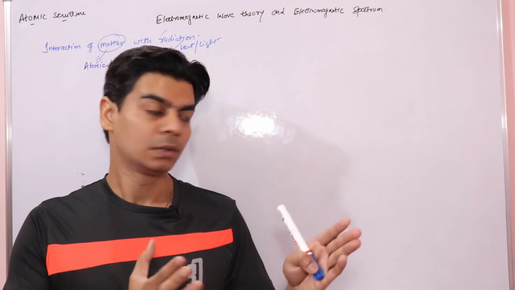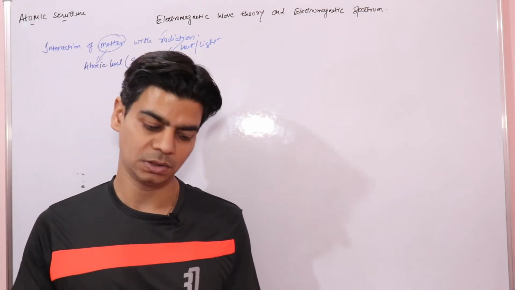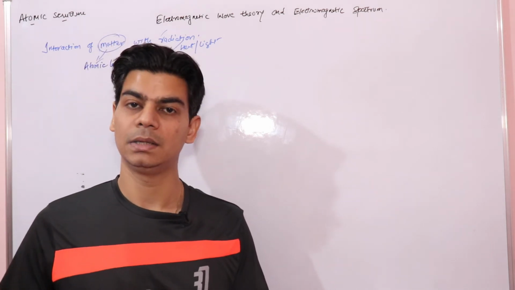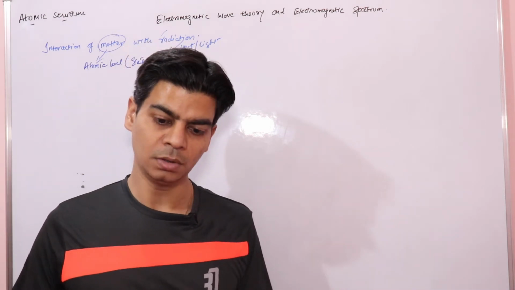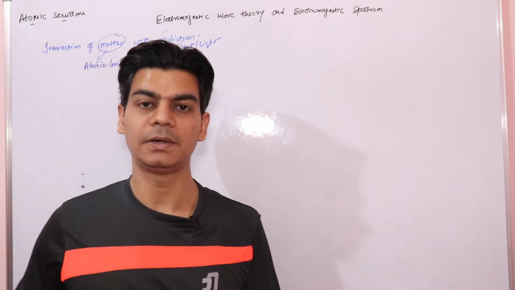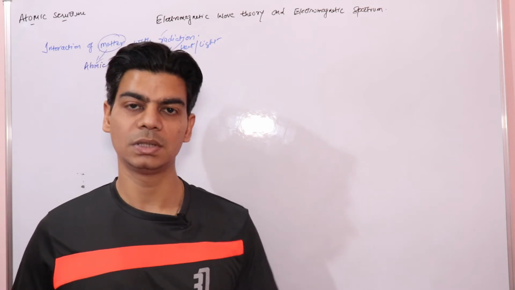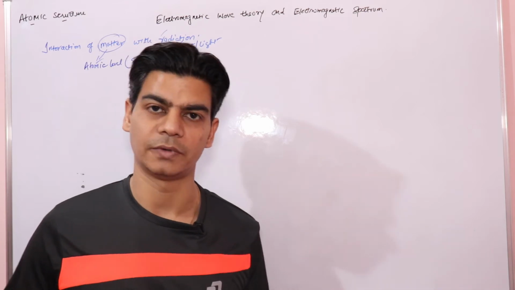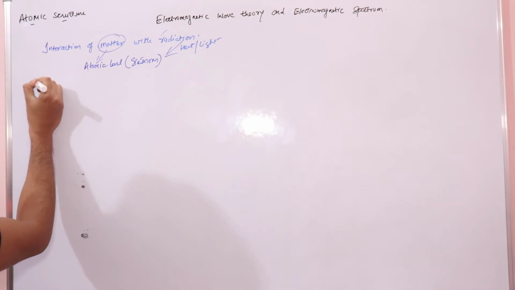The Rutherford model had serious drawbacks: it could not explain the line spectrum, and it could not explain the distribution of electrons. So based on how light or heat radiation interacts with atoms, Niels Bohr improved the Rutherford model. This point is important.